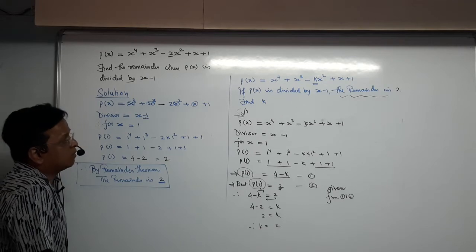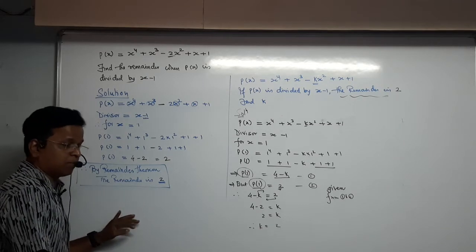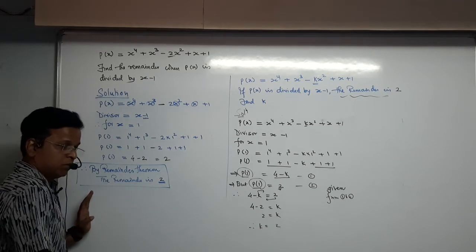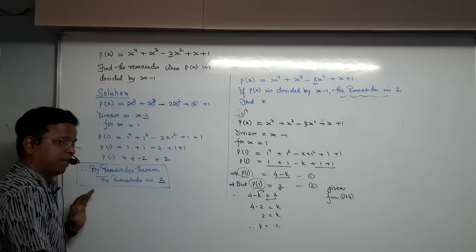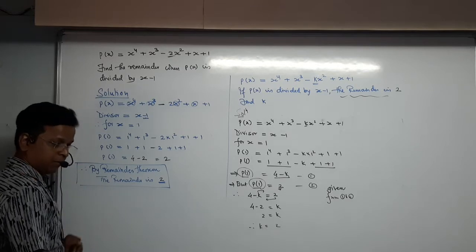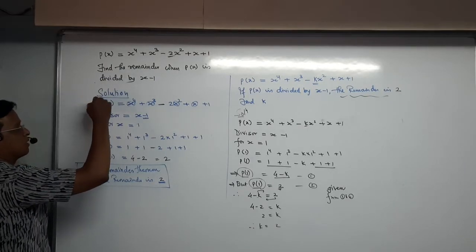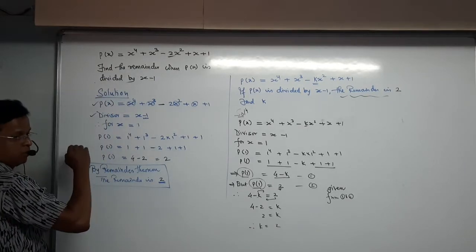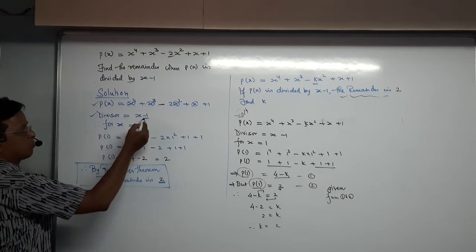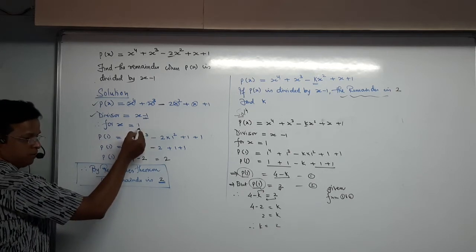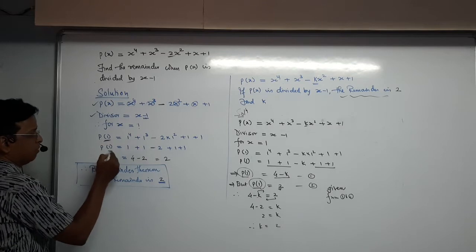See, these types of questions will be there. Sometimes you will be asked to find the remainder. Dividend P of x is given to you and divisor is given to you, and find the remainder. So you just have to substitute the opposite of this over here. Substitute, find the value.